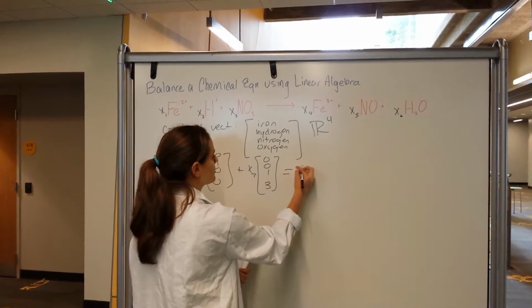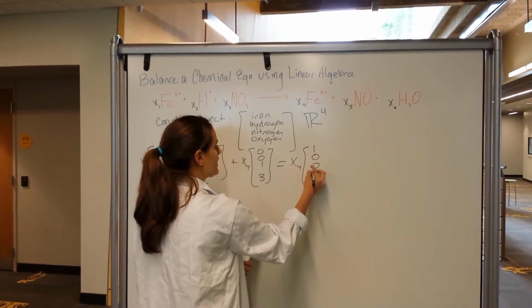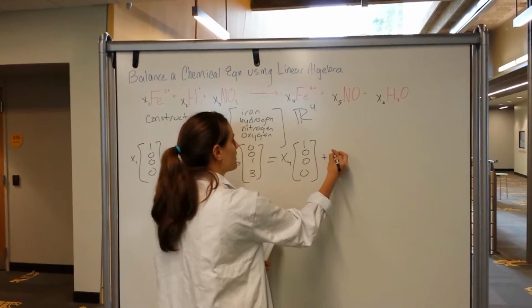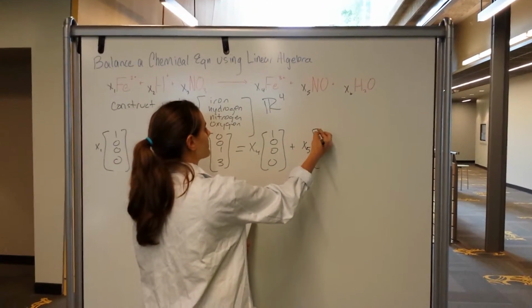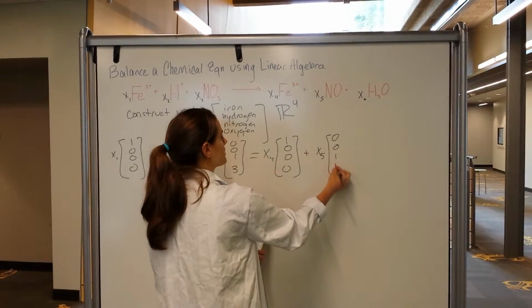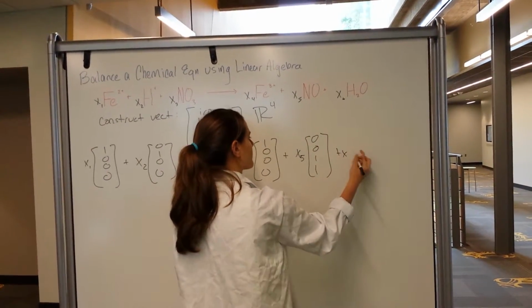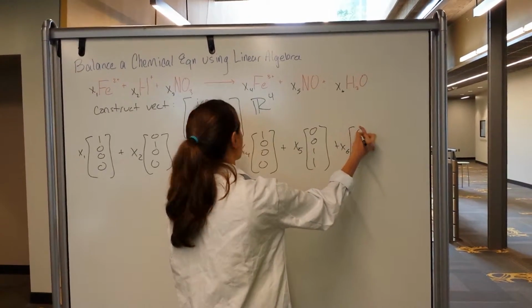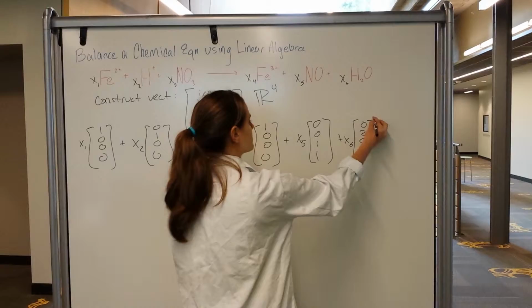And this is going to equal x4, where we have 1 iron and nothing else. x5, where we have 1 nitrogen and 1 oxygen. x6, where we have 2 hydrogen and 1 oxygen.